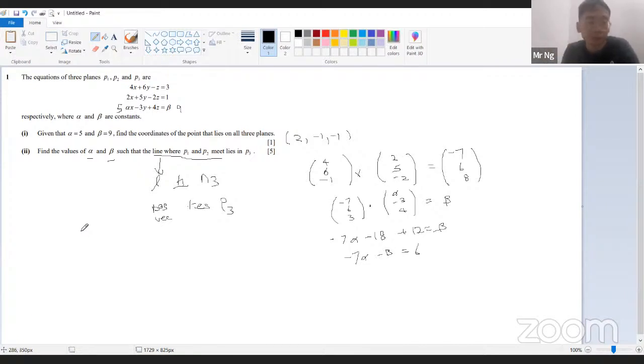Okay, so for the common point, we let x equal to 0. If you want further explanation of why I'm making x equal to 0, you can go to my channel under the video section. There will be an explanation of functions or vectors. So 6y minus z equals 3, and 5y minus 2z equals 1.